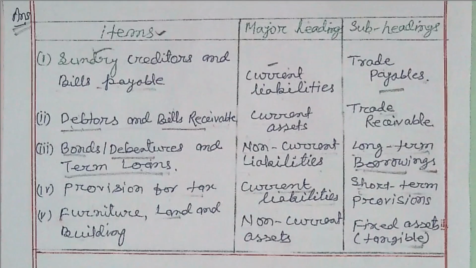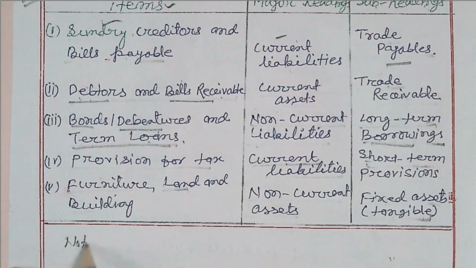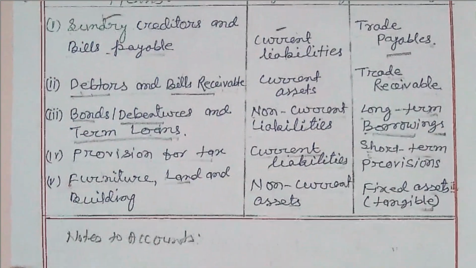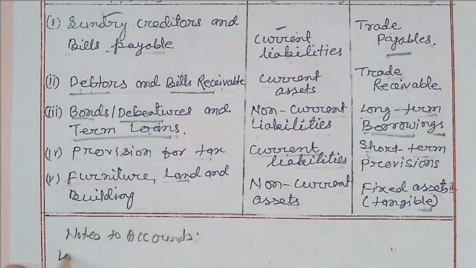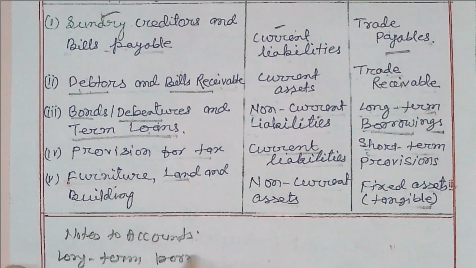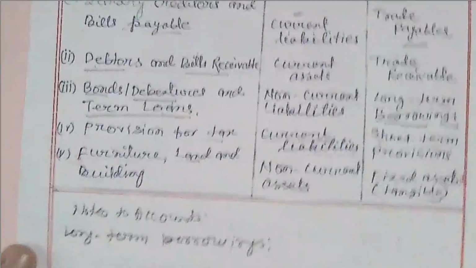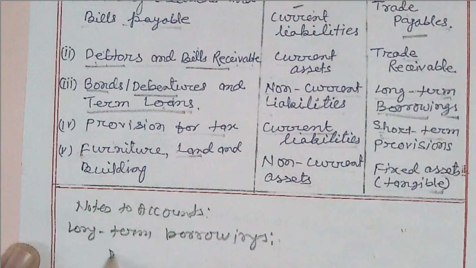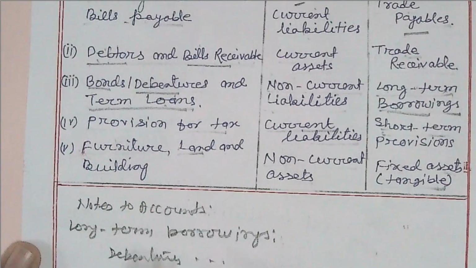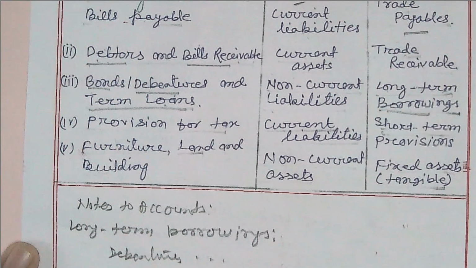After the balance sheet, we prepare the notes to accounts like this. Under long-term borrowings, we write debentures, amount something, and term loan, amount something.